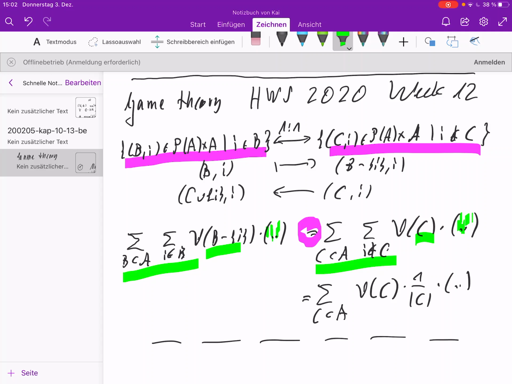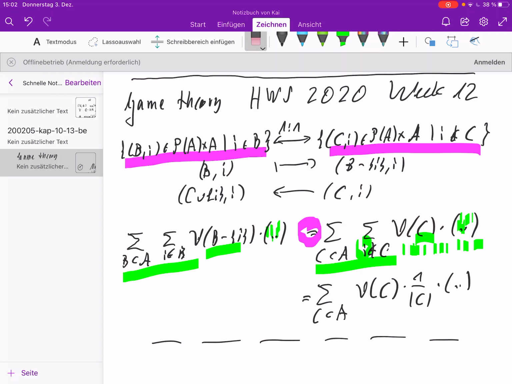They will take care of themselves. And then the next step, I can also simplify the right-hand side formula, because the I here doesn't turn up in this sum here. Therefore, I just can drop this summation over I not in C, and replace it by, and here's a mistake.